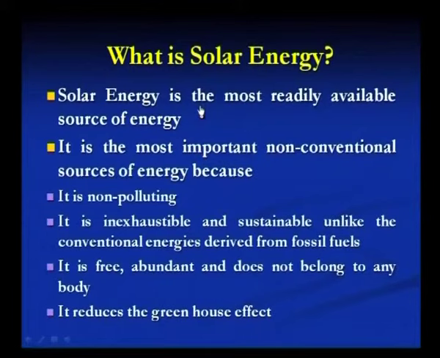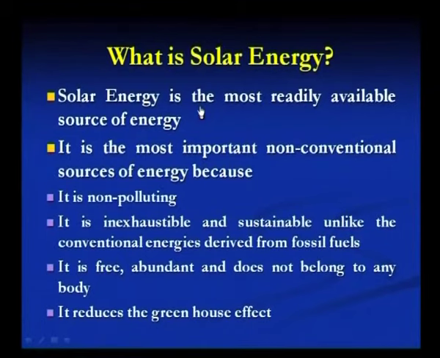Now let us focus upon the renewable energy resource which is coming from the sun, or solar energy. What is solar energy basically? Solar energy is the most readily and easily available source of energy. It is the most important non-conventional source of energy because of the following reasons. Number one, it is basically non-polluting.